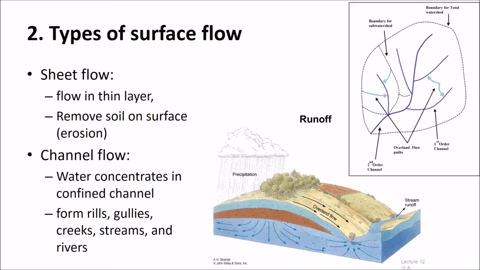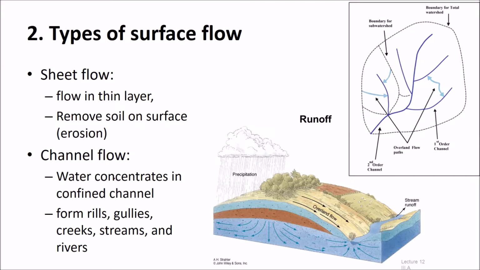And we have different types of surface flow. The first is sheet flow. Sheet here means it flows in a thin layer. Imagine the surface is flat, and the water from the rainfall falls on the surface and runs in a thin layer, and it can erode the soil on the surface.